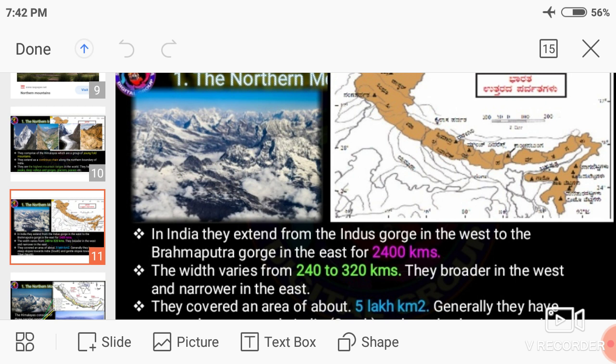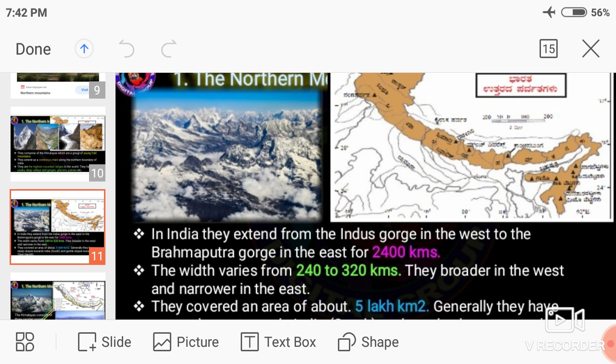The total length of the northern mountains is 2,400 kilometers. Understand? The width varies from 240 to 320 kilometers.